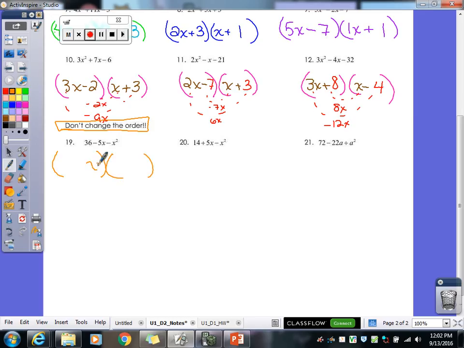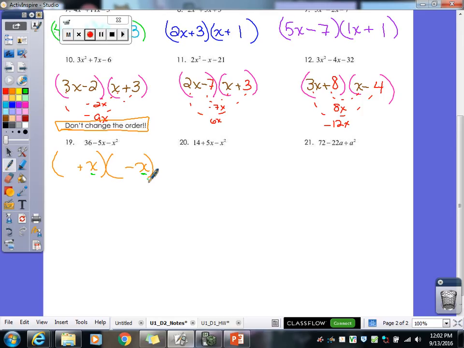So in that case, I just start filling in from the back then. Since x squared comes last, that means it needs to be in the second spot in our parentheses when we factor. It's a negative x squared, so that means my signs need to be different. So I put a plus and a minus. And we still play around with the numbers to figure out where they need to go.